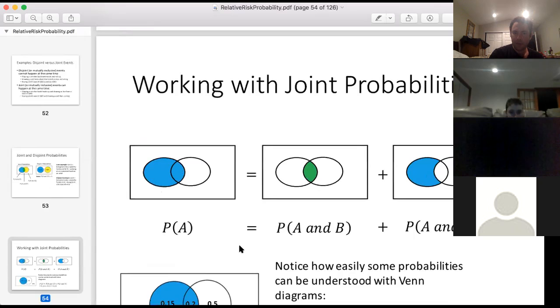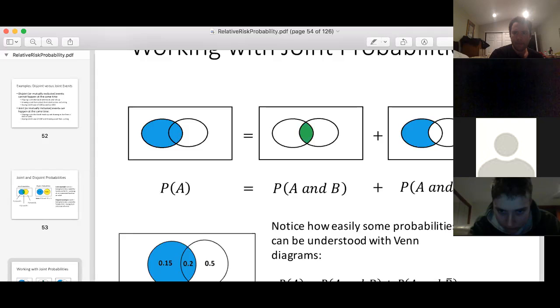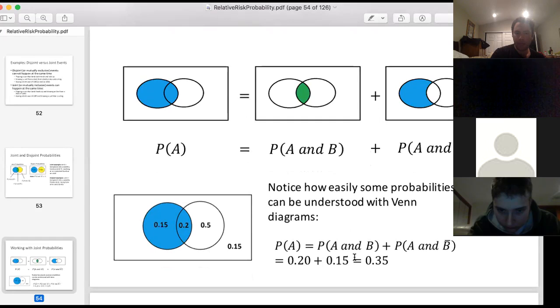So if we wanted to calculate the probability of A, we can look at the probability of A and not B, which is 0.15, and the probability of both A and B, which is 0.2, and we can add those two up to get 0.35, which is the probability of A in total.